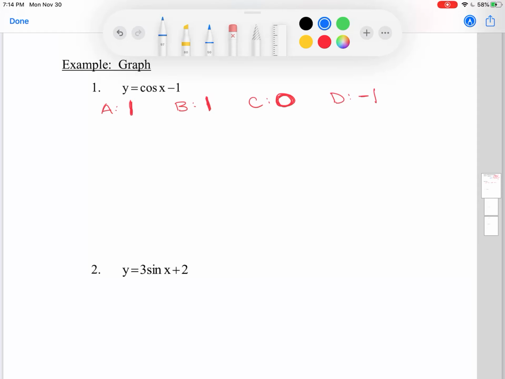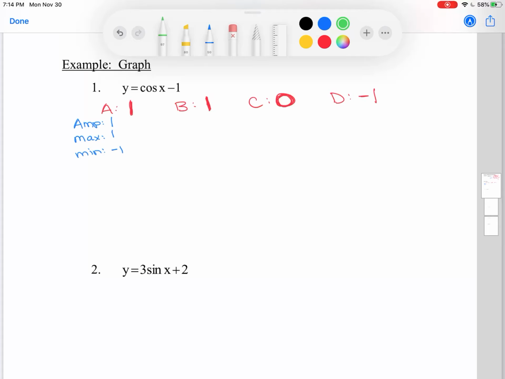So let's go through what we know. If our amplitude is 1, it still means that our height from the middle is going to be 1. But now our max and our min are going to be affected. Originally, we would have said our max was 1 while our minimum was -1.